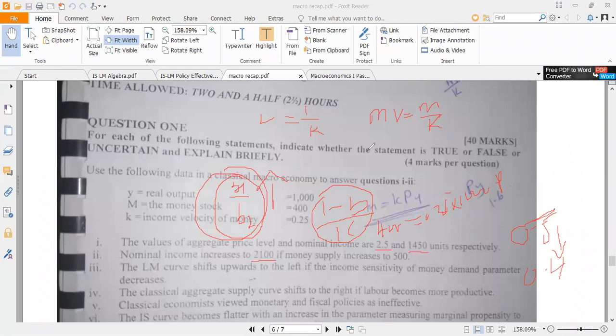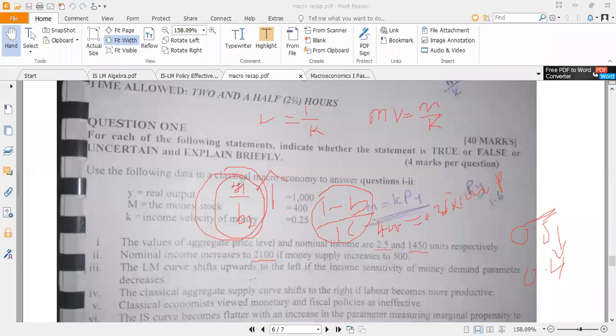The steepness depends on the ratio B1 over B2. If there's an increase in the numerator holding the denominator constant, the ratio will increase, which will increase the steepness.